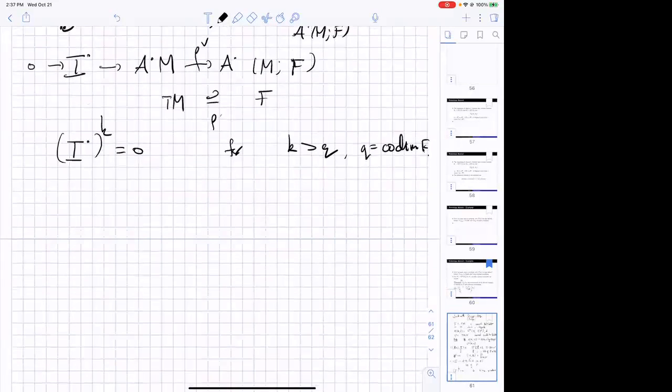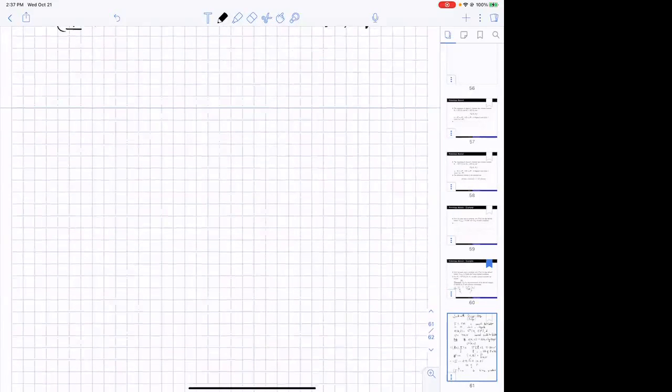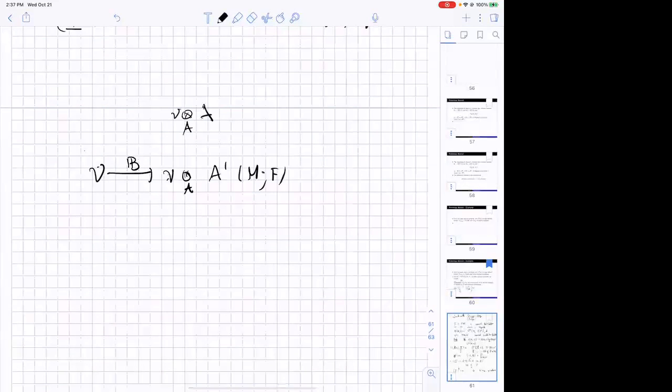Right. So now the point here is this. You have the following situation. You have the normal bundle. It has this Bott connection, B mapping nu to nu tensor over A with A1 of M comma F. And then up here, we're going to have nu tensor over A with just the ordinary de Rham algebra of M. And there's this natural map here.